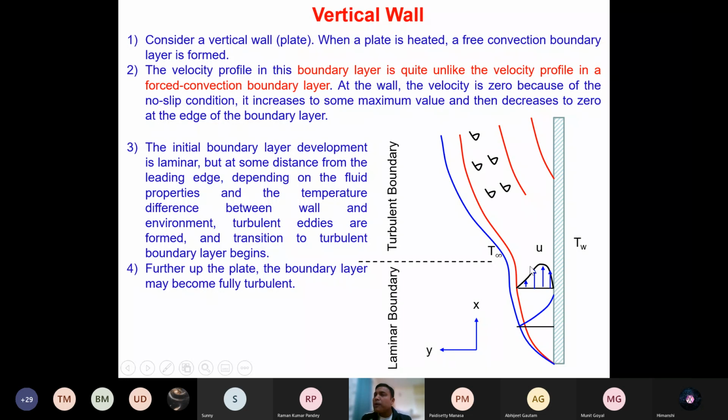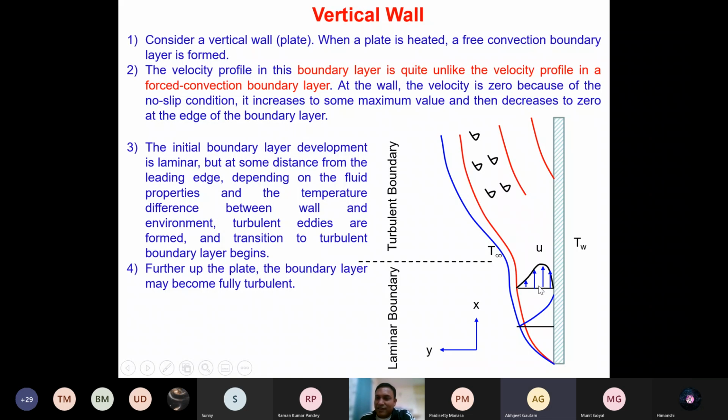The typical velocity profile in this case is something like this, where the velocity at the wall is 0, the velocity in the free stream is also 0, but in between you will have some velocity profile. Do you all agree with me?